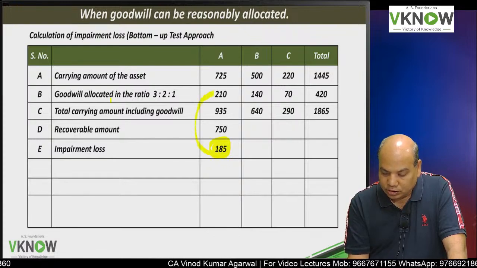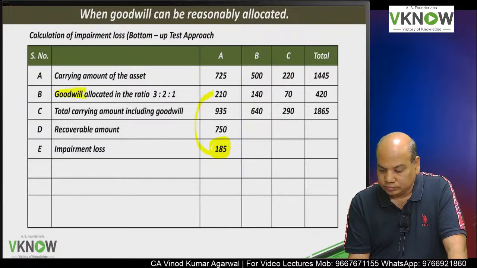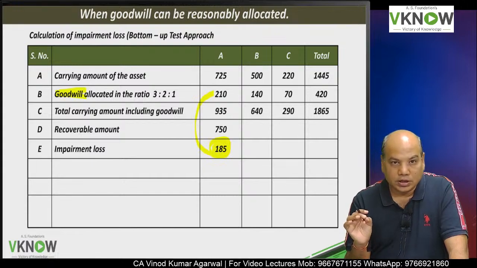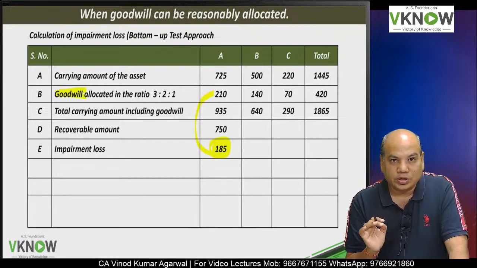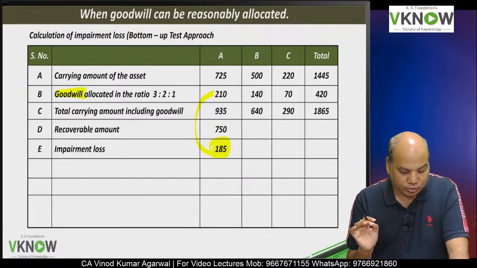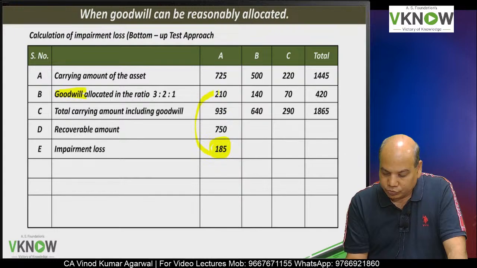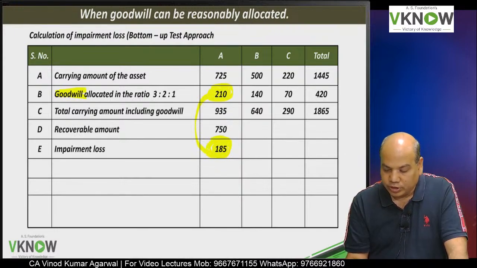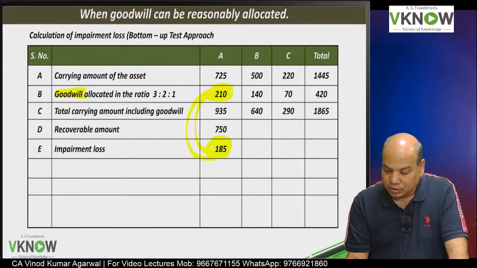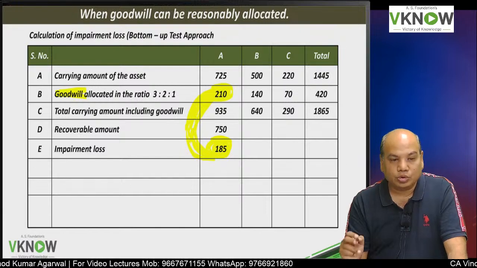First, it will be allocated towards goodwill, and if there is any balance, then it will be allocated towards the assets of the CGU. But in this question, goodwill is 210 here, impairment loss is 185. Entire impairment loss will be allocated to goodwill.